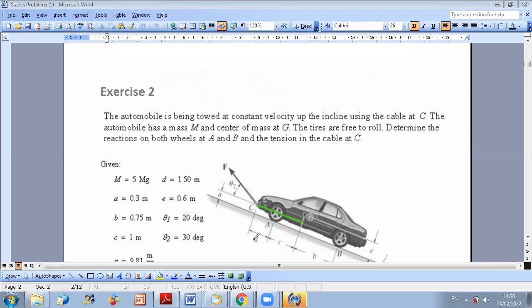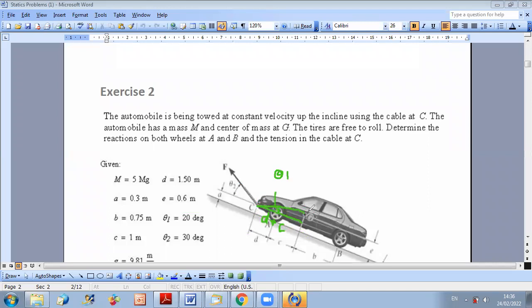Since I know that this is 20 degrees, if I consider this distance here in my figure, this distance is known, it's D plus C. And I have that the angle between the incline and the horizontal is known. This angle here is equal to theta 1.